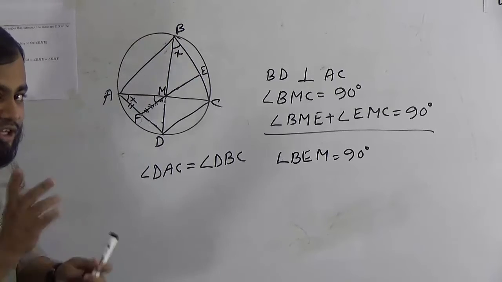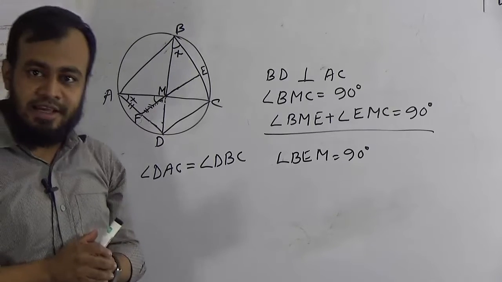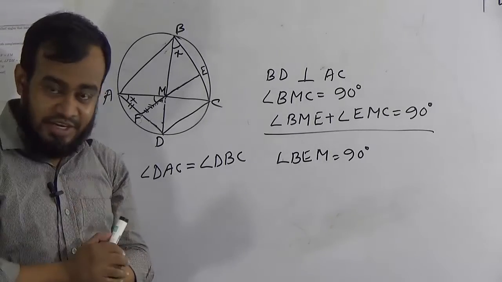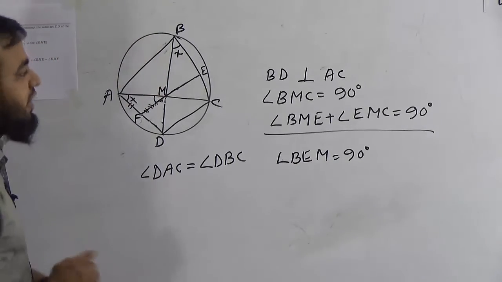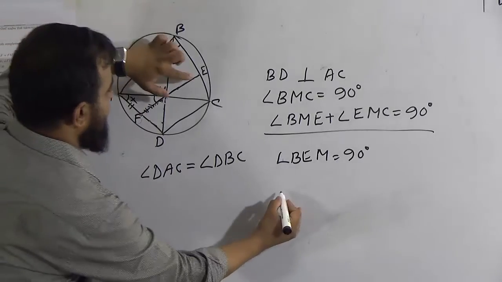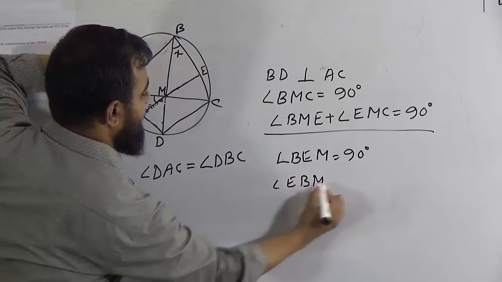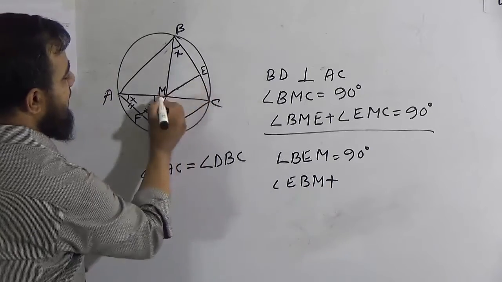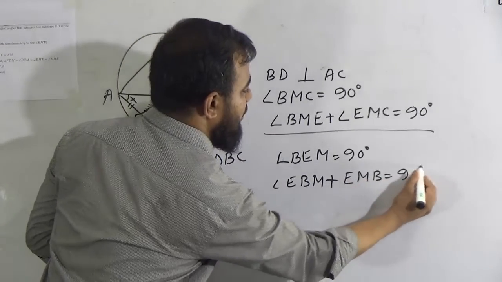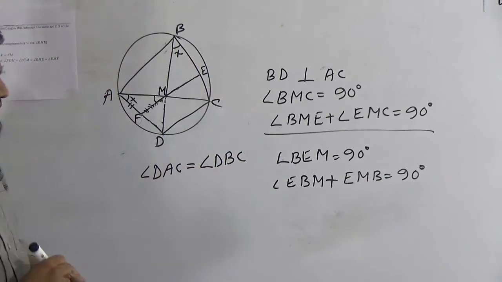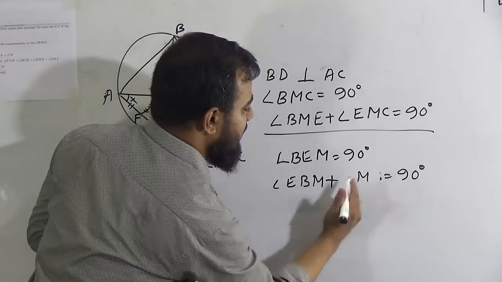So the sum of the other two angles will be 90 degrees also, because the sum of three angles in a triangle is 180 degrees. That's why if one angle is 90 degrees, the sum of the other two angles will be 90 degrees. That means angle EBM plus angle EMB is equal to 90 degrees also, right? Now, my dear students, EBM we can write as BME, okay?